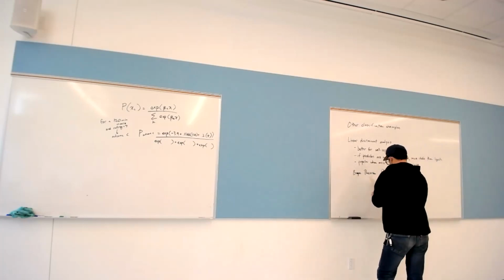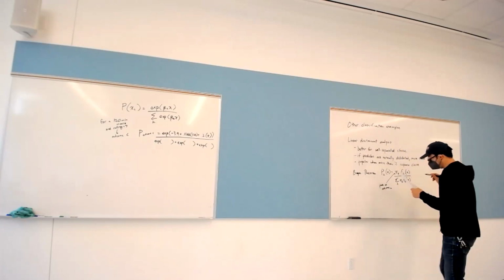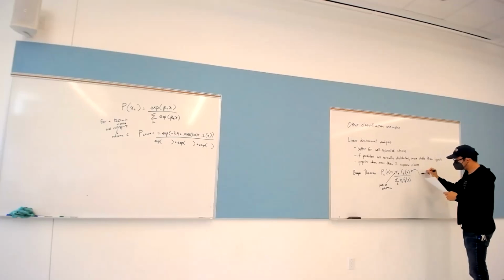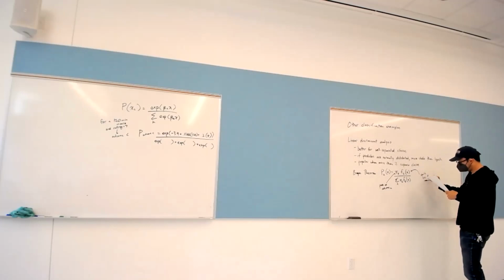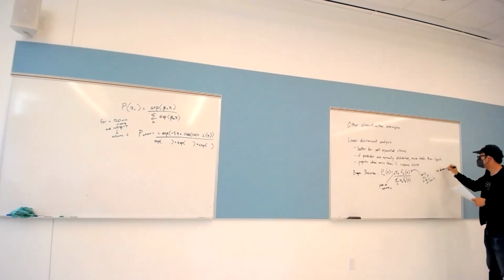So this is the probability of outcome K. And this is a density function of X for an observation from K. And the problem here is that we don't know what f_k(x) is.